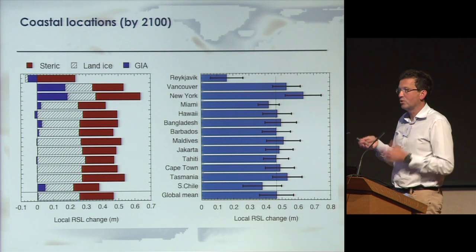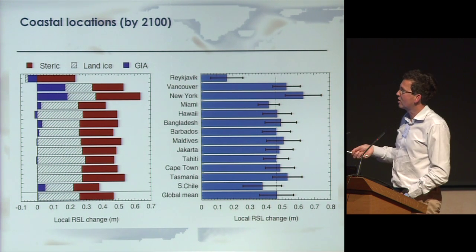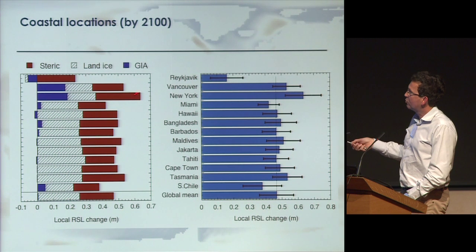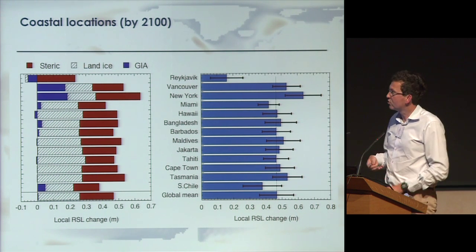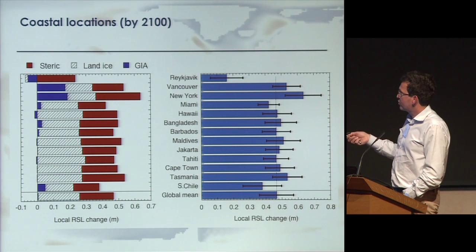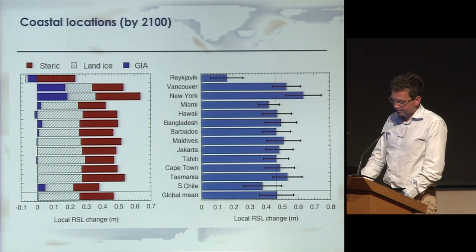Or, you should not take it too literally, in those regions, I would say, because the steric component is relatively large there. Land ice is not very small, and there is still a GIA component working in the same direction. On the other hand, there are also regions where it's far below because you're close to ice and the GIA component is also negative.